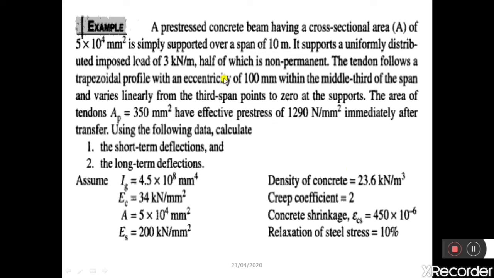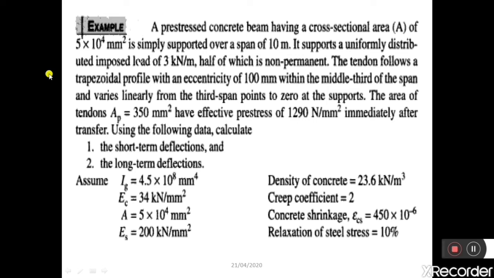Now let us consider one more example. A prestressed concrete beam having a cross-sectional area A of 5 into 10 to the power of 4 mm square is simply supported over a span of 10 meter. It supports a UDL of 3 kilonewton per meter as an imposed load, half of which is non-permanent.